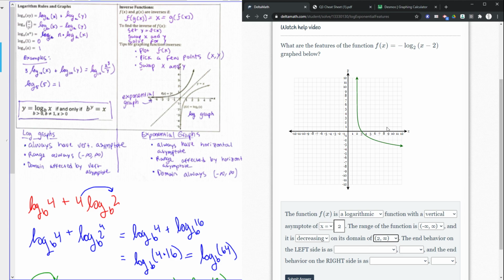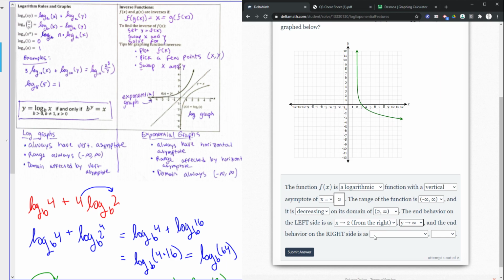So my domain is going to be 2 to infinity. For end behavior on the left side, as I come in from the left, I'm going up, okay? And I'm approaching that vertical asymptote. So I'm going to approach 2 from the right. I'm not going to pass that x value. And my y value is going to approach infinity. I'm just going to go up.